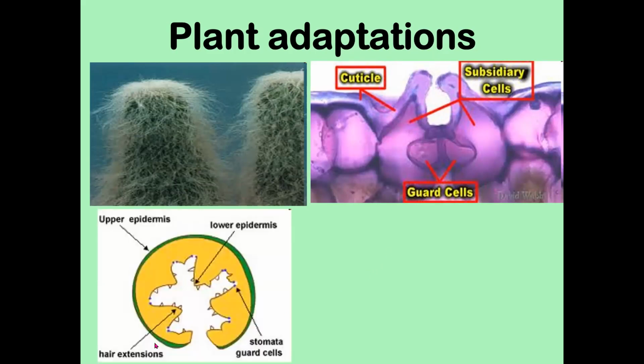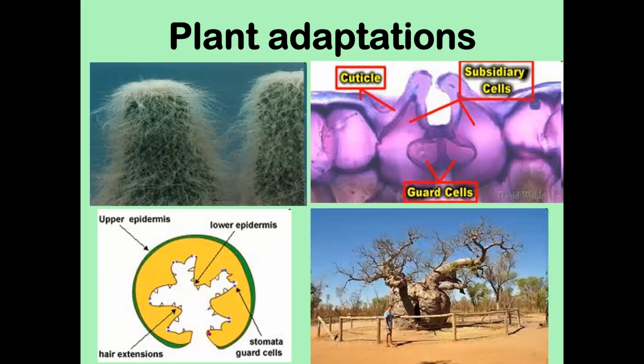And here's the diagram of the curved leaf. So the stomata are on the inside. These little purple dots indicate that. And again, this area here would be fairly humid, but the area here is small and it would lose very little water. Here's the baobab tree, which actually stores water. And Aborigines knew how to access that water. That's a very old one, by the way.